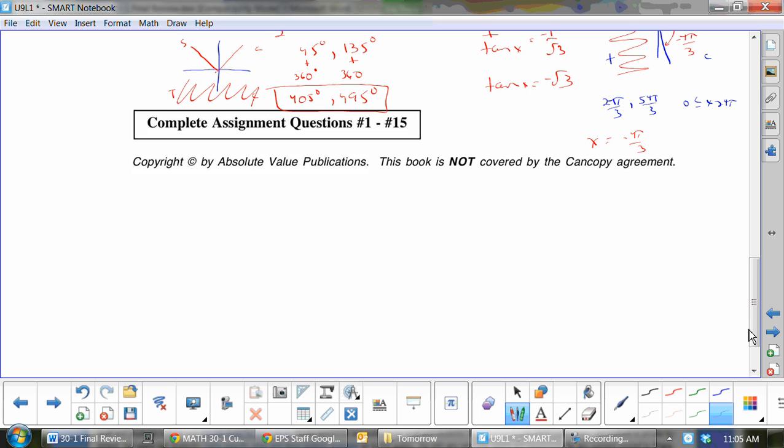So I want to talk about if I gave you secant pi over 3 equals x. Now, remember what that study sheet is for. It is to differentiate. Now, how would you solve this in your calculator?